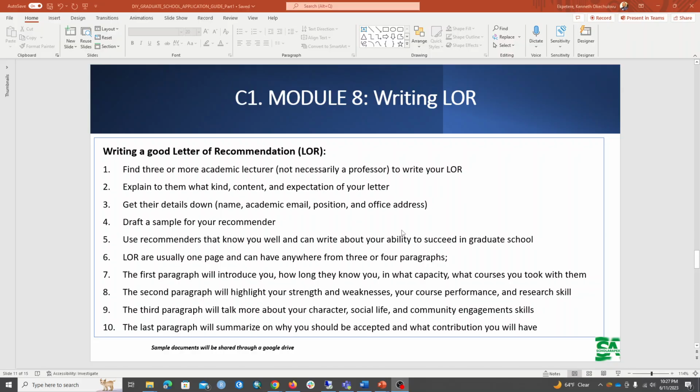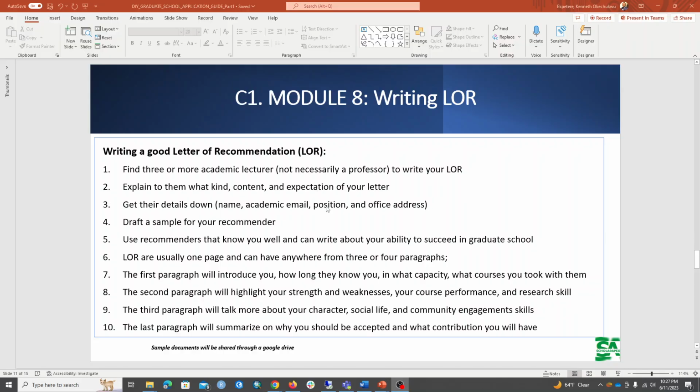When you get to them, you have to get their details, right? Like I said, you take their name and their academic email, not their Gmail, not their Yahoo mail, not personal mail. You want to get their official mail, also known as the academic email. You want to also get their position. Are they the head of department?